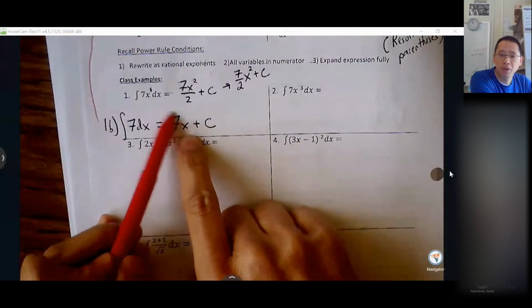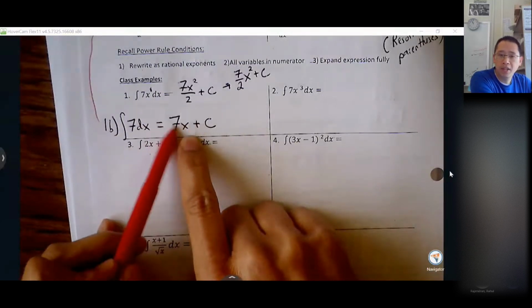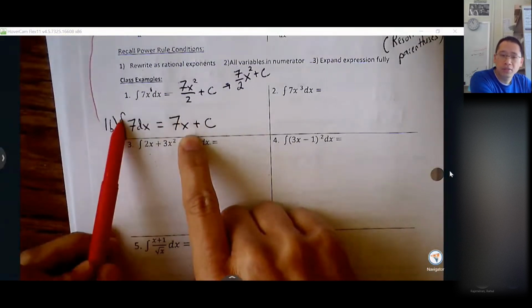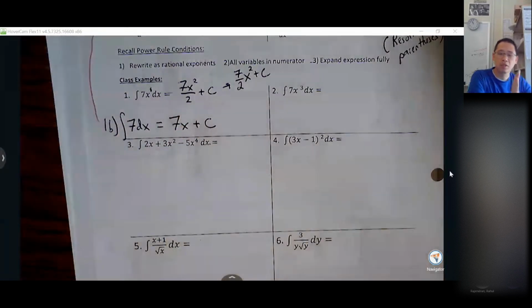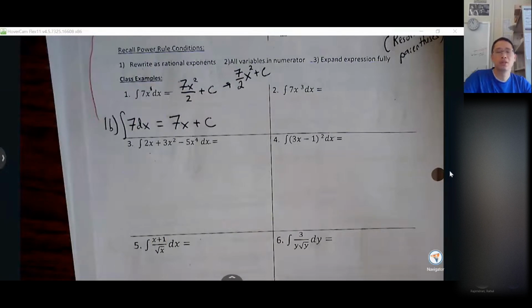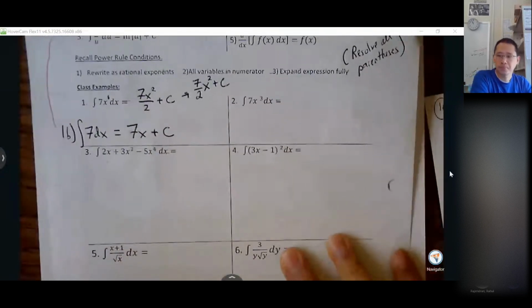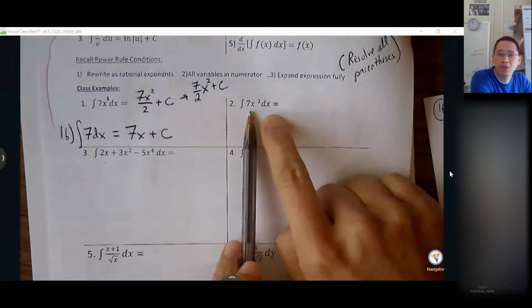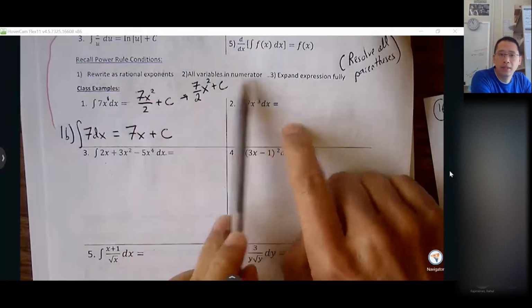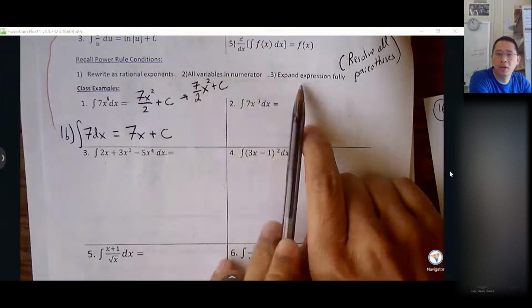And if you look at this from a derivative perspective, it should make sense as well, because the derivative is just going the opposite direction. 7x's derivative is 7. So therefore, the integral of 7 must be 7x. We're just learning how to go backwards here this second semester. All right, another easy example: integral of 7x cubed. Every condition is met and ready to go.